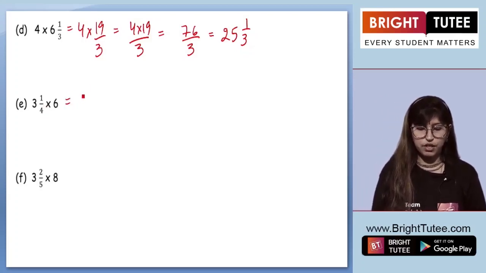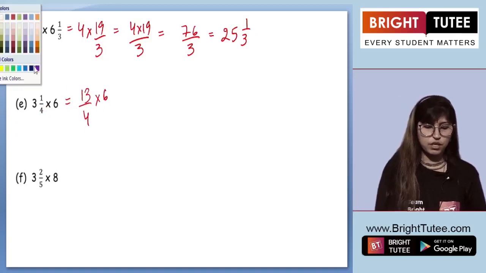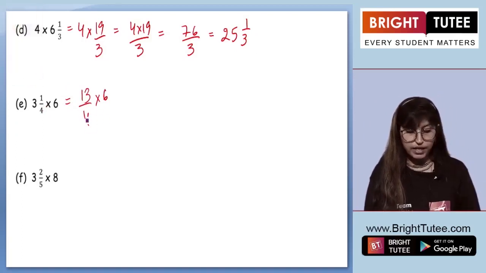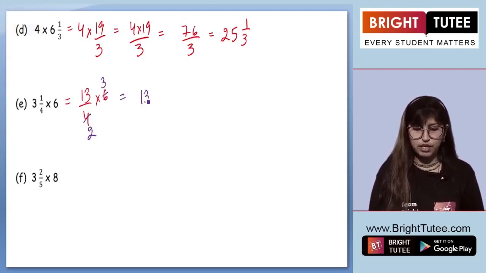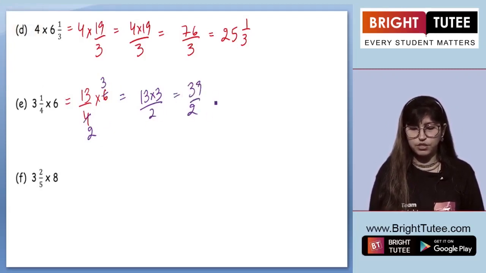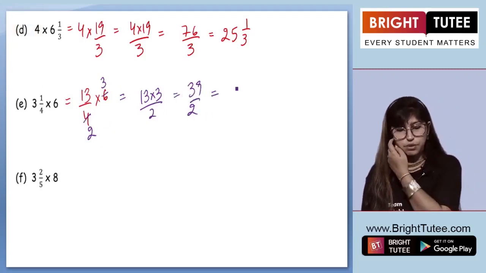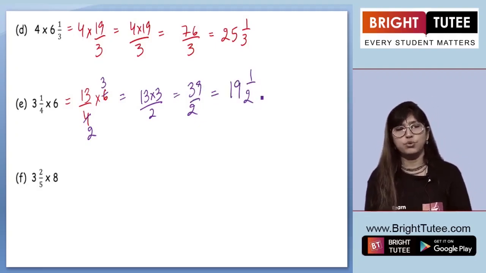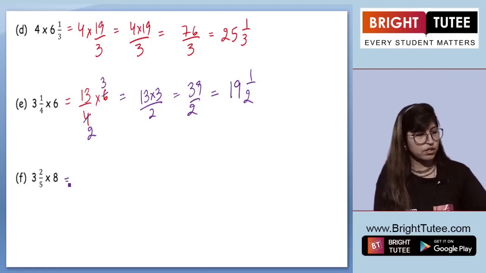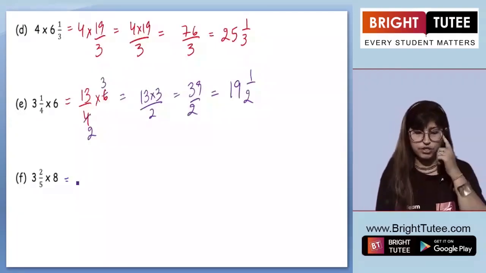So 4 3s are 12 plus 1 is 13 by 4 times 6. Now over here, try and cancel them out. 2 2s are 4, 2 3s are 6. So we'll be left with 13 times 3 upon 2, which will be 39 by 2. So dividing it, we'll be getting 19 1/2. Let's move on to the last part of this question.